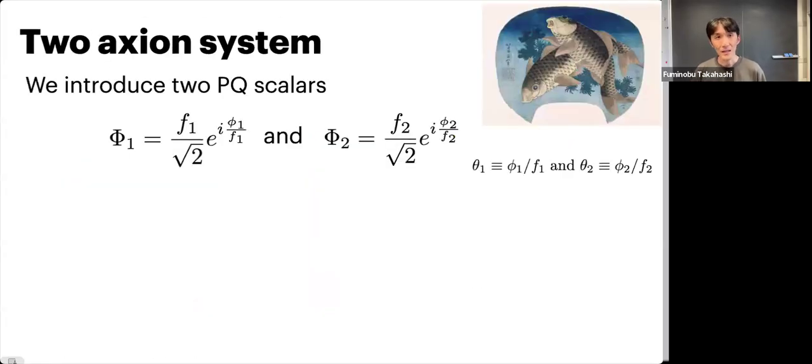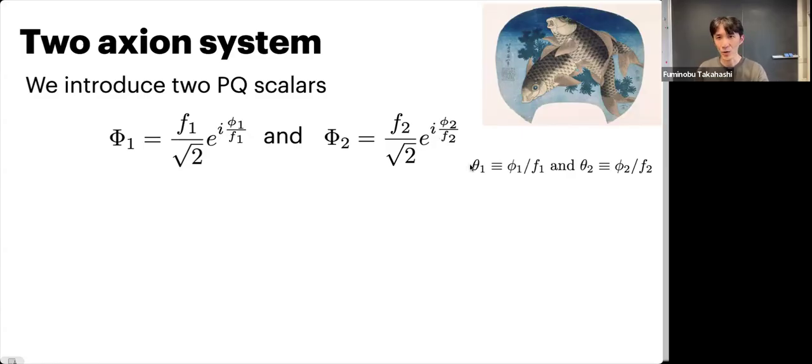So to see this, let us consider a minimal extended PQ scalar model. Namely, we introduce two PQ scalars instead of one. So we have capital phi1 and capital phi2, and both of them develop non-zero vevs, f1 and f2, and the axions phi1 and phi2 appear in their exponent like this.